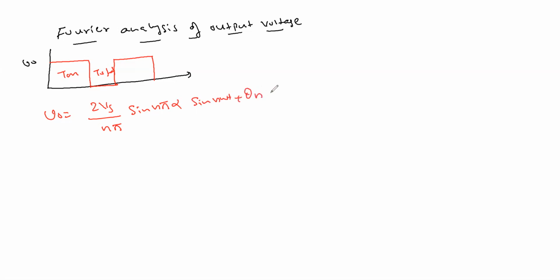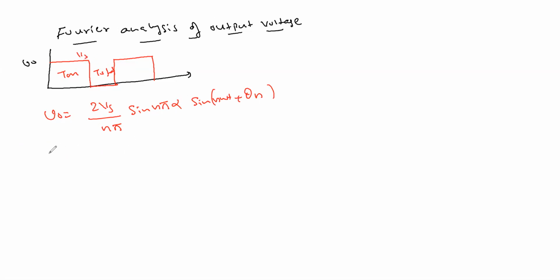These are important; all Fourier series analyses are important. Here alpha is V0 by Vs, or V0 equals alpha Vs. Alpha will be given to you. It is the duty cycle, as I already told you.